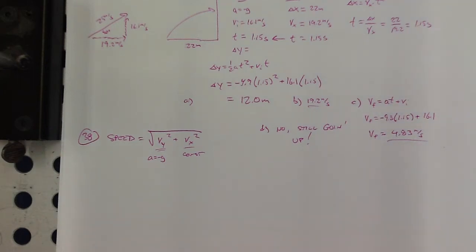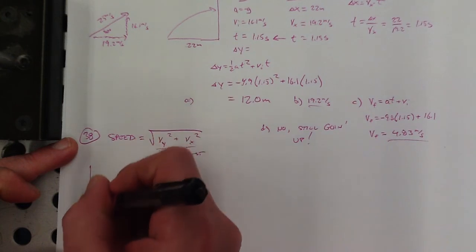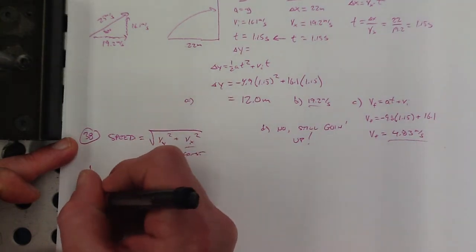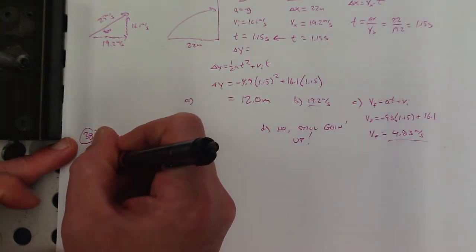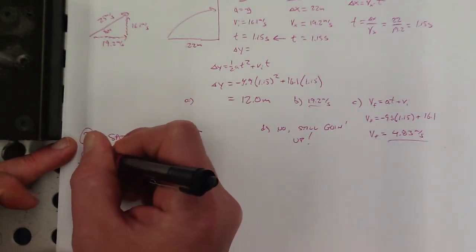So the speed is given in this graph, and the scaling of the graph goes from 19 to 31 meters per second.